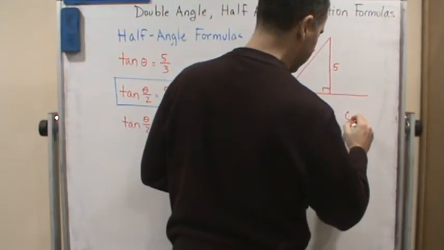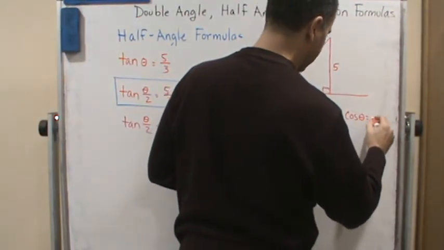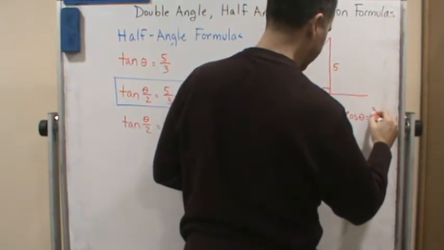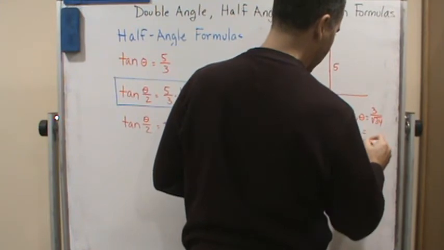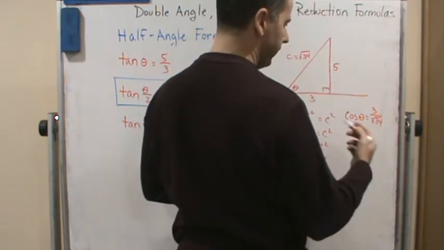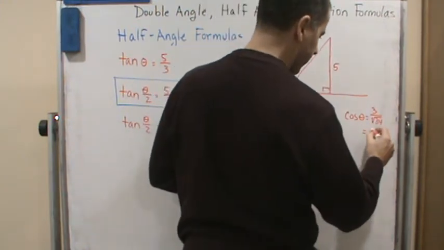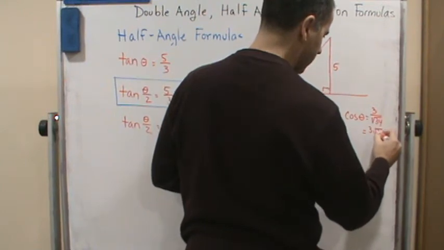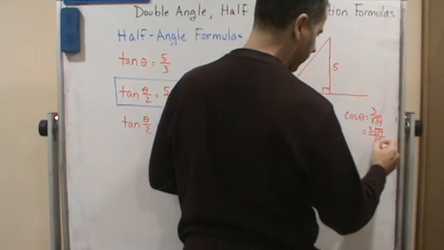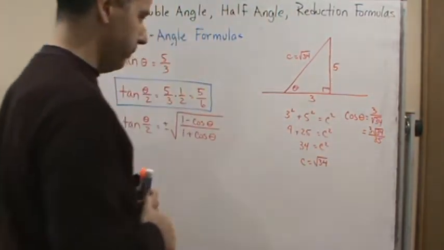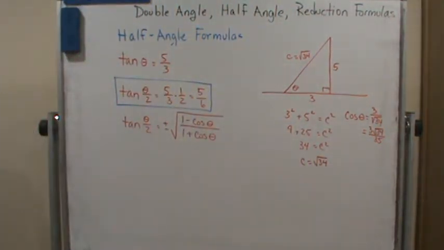So cosine theta equals 3 divided by the square root of 34, which I'm going to write, again, I'm going to multiply the top and the bottom by square root of 34. So that's going to be 3 times the square root of 34 over 34.